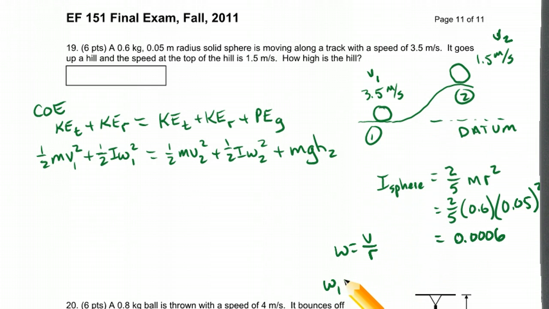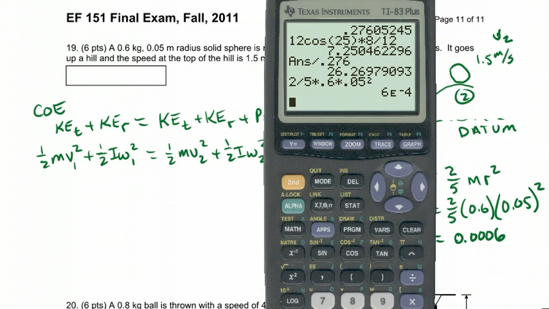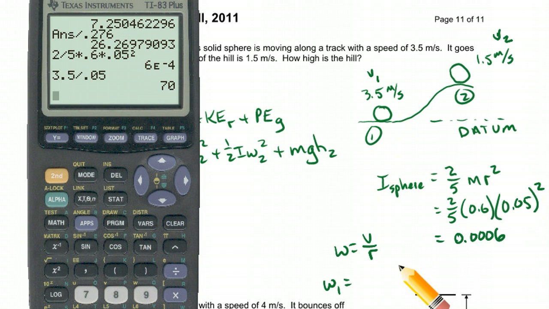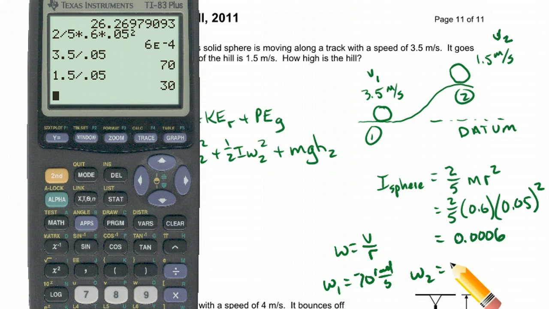So omega 1 is 3.5 divided by 0.05, 70 radians per second. Omega 2 is equal to 1.5 divided by 0.05, or 30 radians per second.